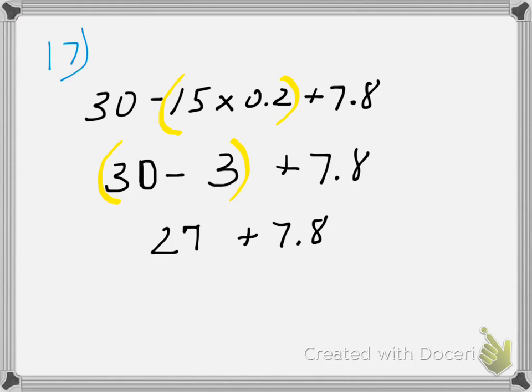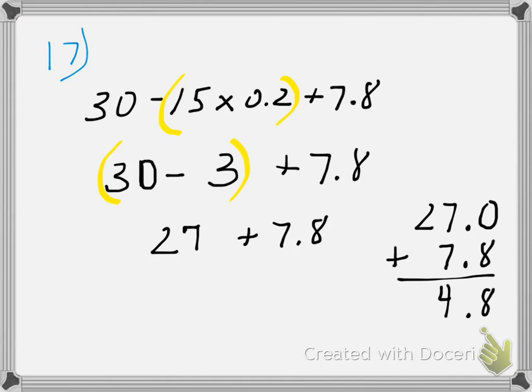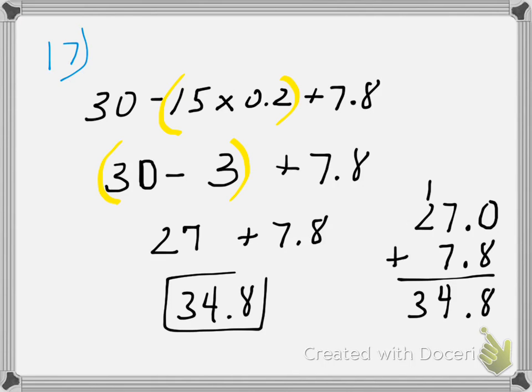And then we're going to go ahead and add. And when we add, once again, the decimal point goes at the end after the ones. And when we add, this is combining like terms. You can always add a trailing 0. And then we get 8, 14, and 3. So 34 and 8 tenths. So we just have to follow order of operations.